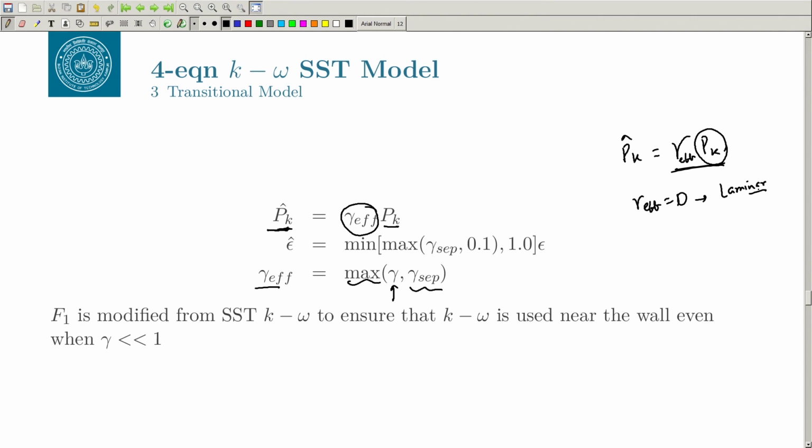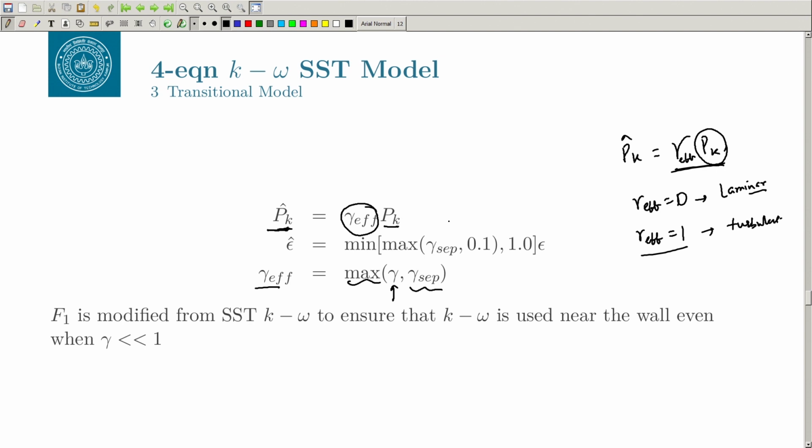In this case your production of the kinetic energy completely stops. There is no production of the turbulence kinetic energy if there is no turbulence, right. On the other hand, if gamma effective is equal to 1, this is a fully turbulent flow. In this case it basically goes back to the original SST k omega model, right.